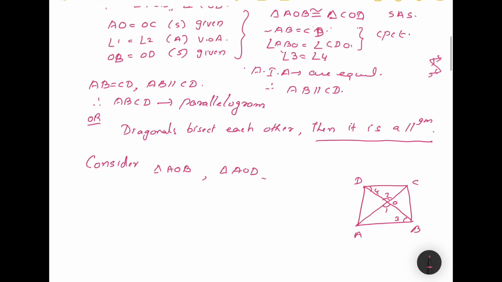First we are going to prove the adjacent sides are equal. Whenever you have to prove the adjacent sides are equal, you should take the adjacent triangles. Any two adjacent triangles you can take. So we will take these two triangles. Consider triangles AOB and AOD.